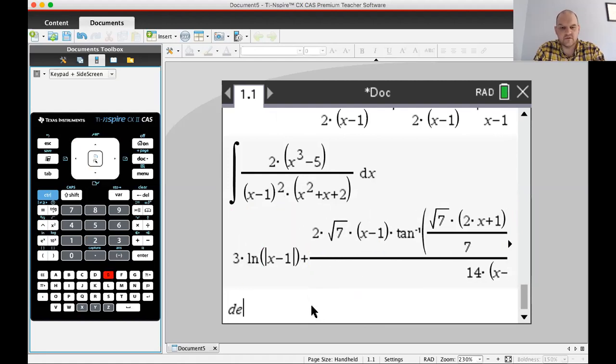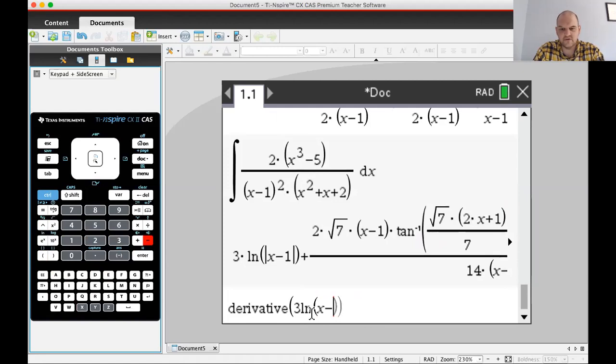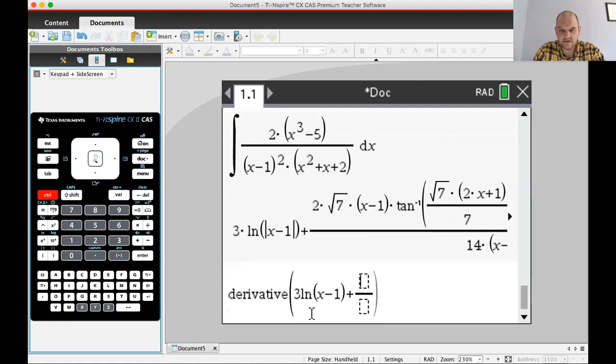Let's try the derivative of, oh man. So 3 natural log, I'm just going to do x minus 1 because I don't want to deal with domains, plus 2 over x minus 1 minus 1/2 natural log of, so it's going to be dicey because of the natural logs, plus 2.